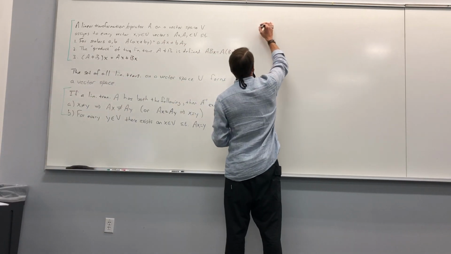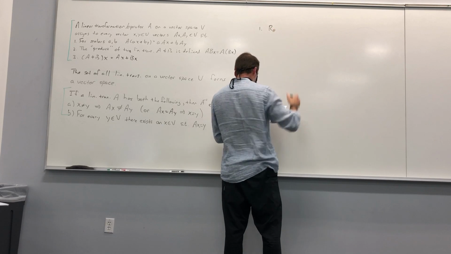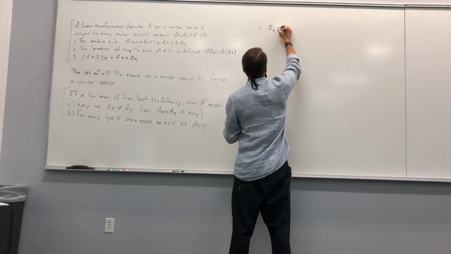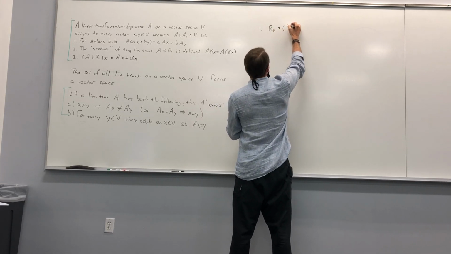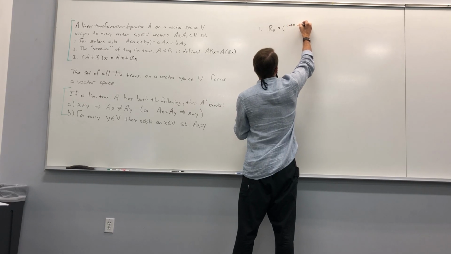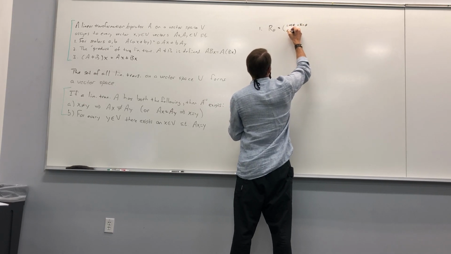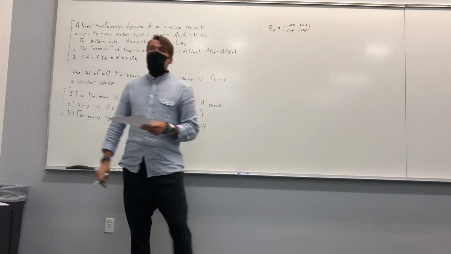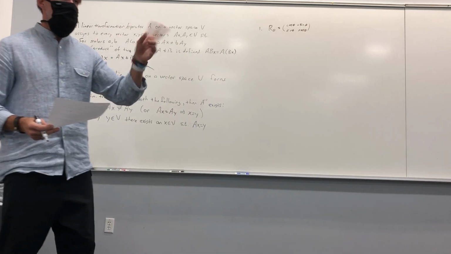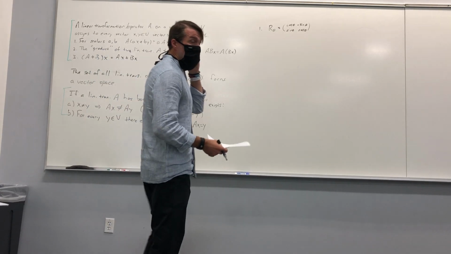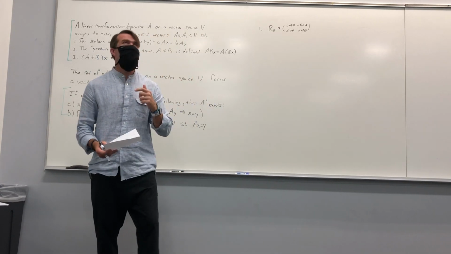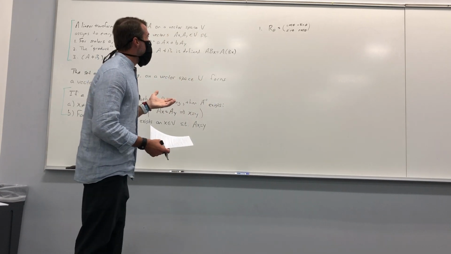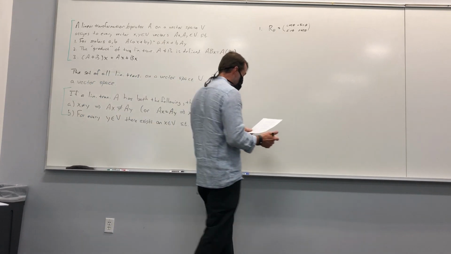So first, example 1: consider a rotation by an angle theta in the two-dimensional plane. Cosine theta, minus sine theta, sine theta, cosine theta, which I'm just going to imagine is acting on R2. That's the two-dimensional plane, so it's acting on a two-tuple of real values.